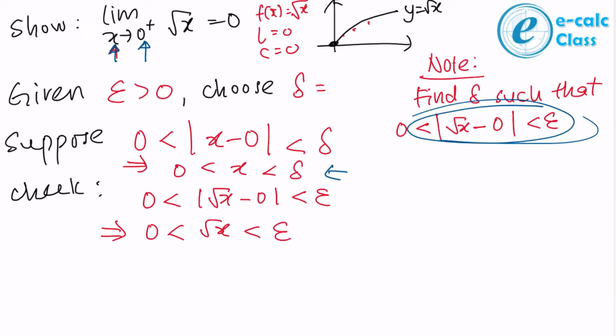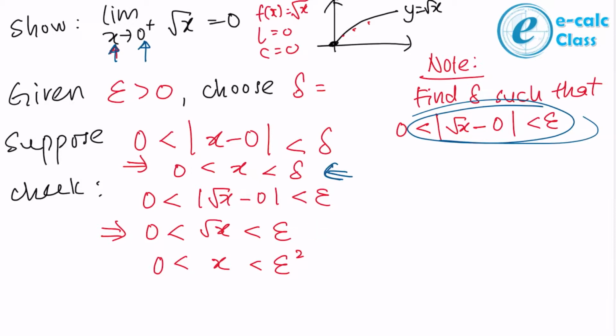So actually we are almost done. I need to make this look like this. How do I make it? One more step: I just square both sides. And I think you can see already.